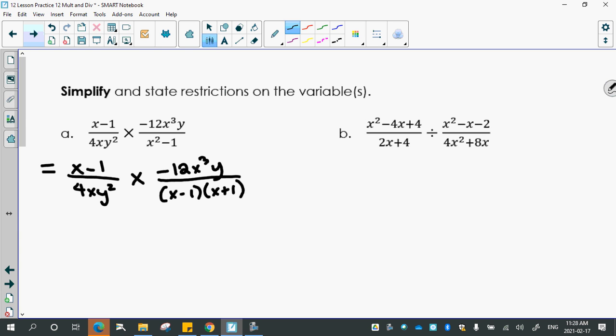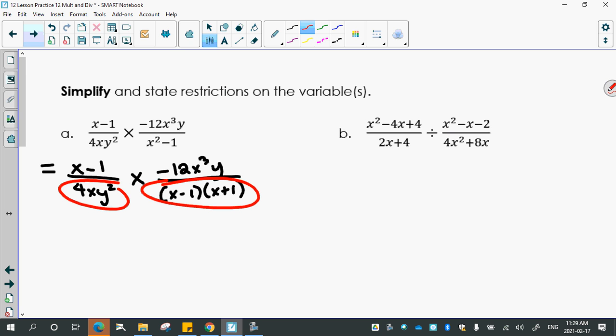Step 2 is restrictions. So in a multiply question, I only care about the denominators when I'm working out restrictions. I only focus on the 2 denominators. It's a little trickier if it's a divide question, I also have to look at the second numerator. But for a multiply question, I just focus on the denominators. So if we're focusing on this first denominator here, I can divide by 4.